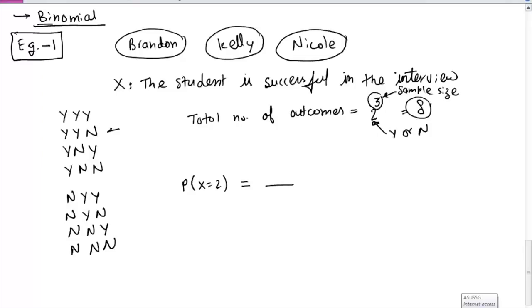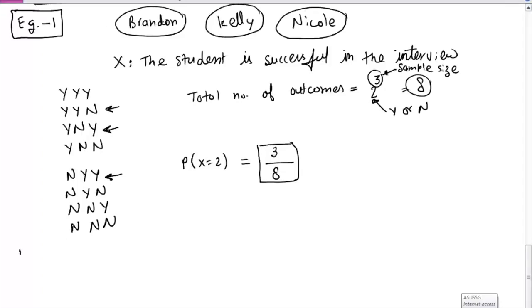You can see one is this, you have exactly 2 yes. Another one is here, and you have one more which is here. So there are 3 outcomes where you have exactly 2 yes, and the total number of outcomes is 8. So the probability of getting 2 students successful is 3 by 8.